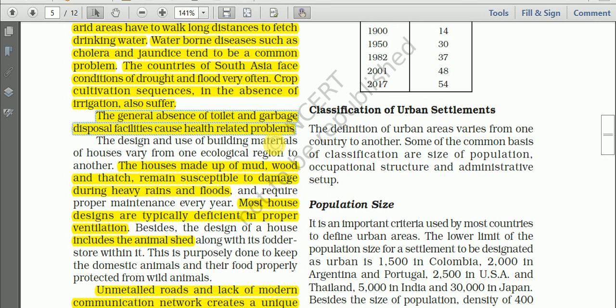So in most of the villages, in most of the rural settlement areas, there is absence of good toilets, and garbage disposal facilities, they are not disposing garbage in the proper places, and that causes pollution of the land, soil, water, and it also sometimes causes pollution of the air also, and this will cause health related problems. So this is another important problem of rural settlement.